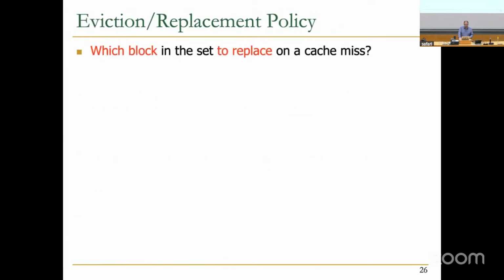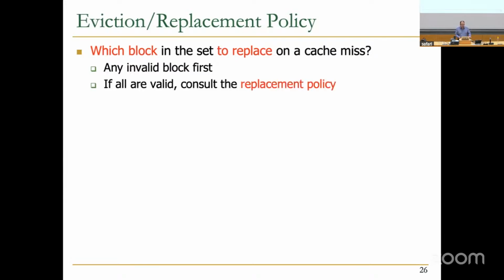Okay, so eviction and replacement policy. The question we want to answer here is which block in the set to replace on a cache miss. First, pick any invalid block. If you have space in your set, meaning some blocks in the set are invalid, still empty, you just use them. Then your answer is simple.